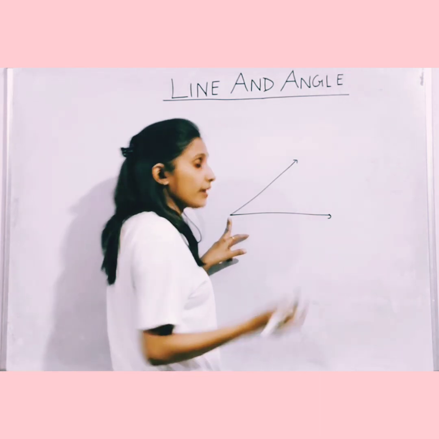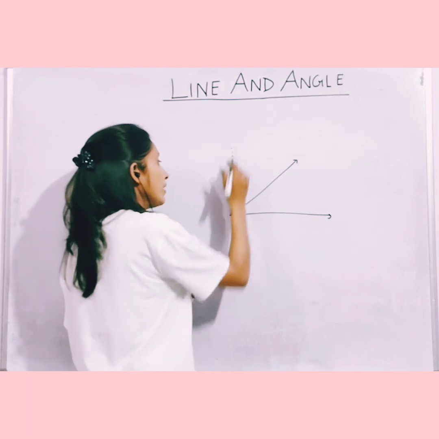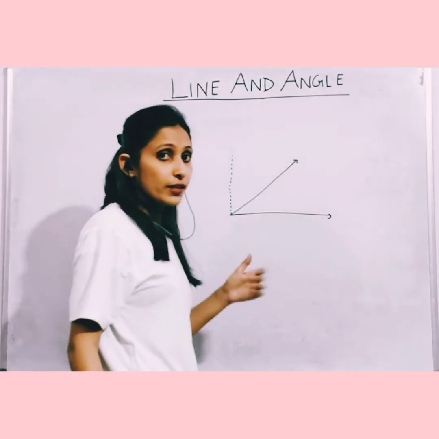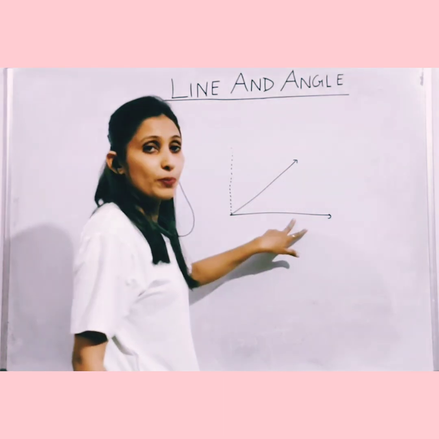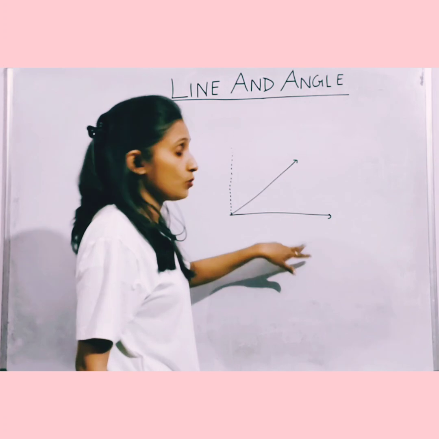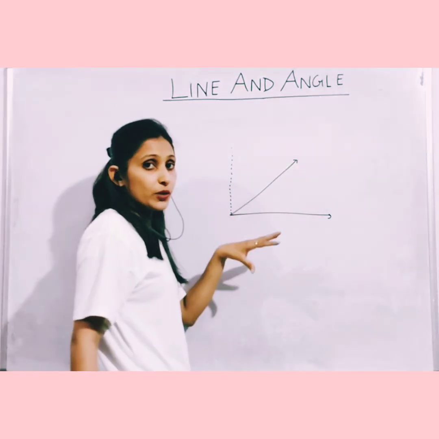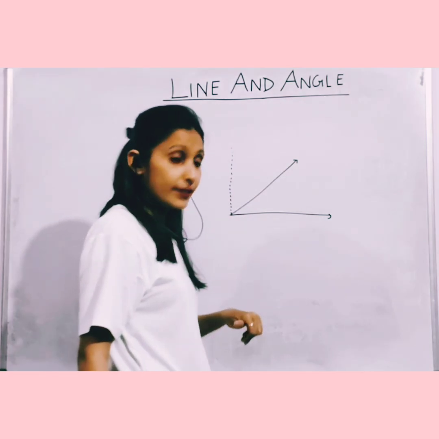How can we say that? Let me draw this for you. When two lines are perpendicular, only then the angle will be 90 degrees, and we can clearly say this line is not perpendicular to this, right? This ray is not perpendicular to this ray. So this angle is going to be less than 90 degrees, but it is greater than 0 degrees, right?